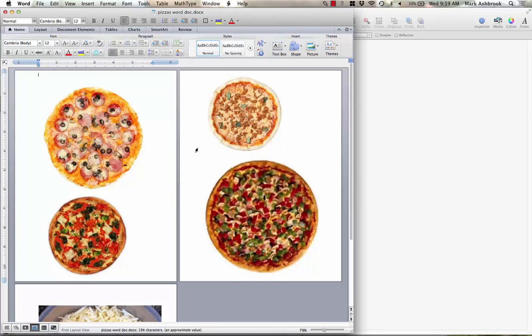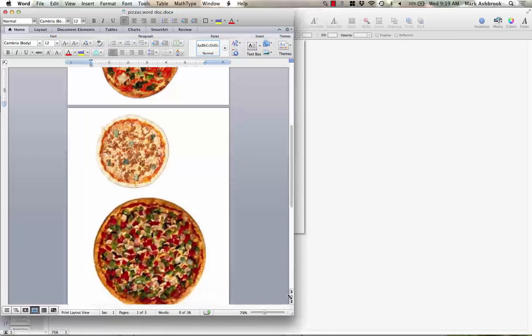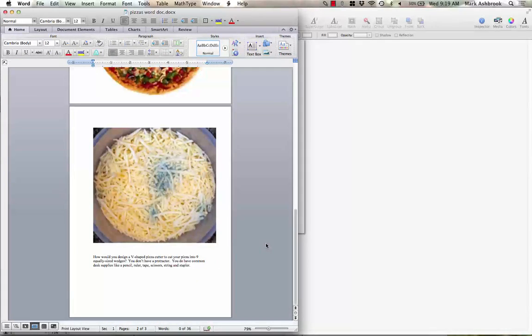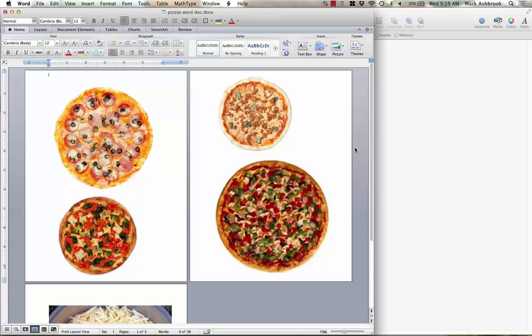Does that make you hungry? Okay, then how about that one? I don't want you to be hungry, so we can work on that one. All right. Okay. So you wrap the string around.